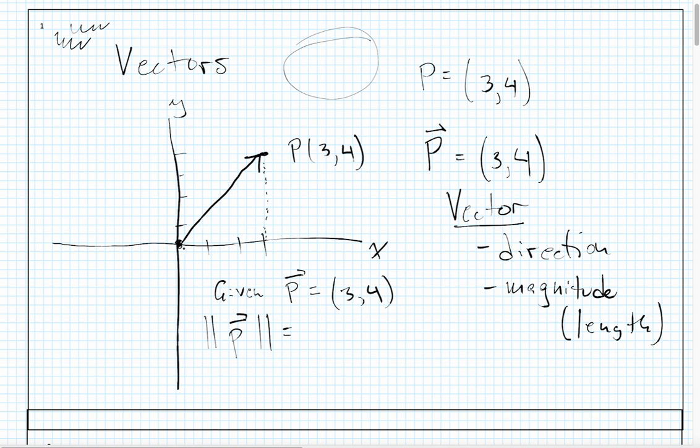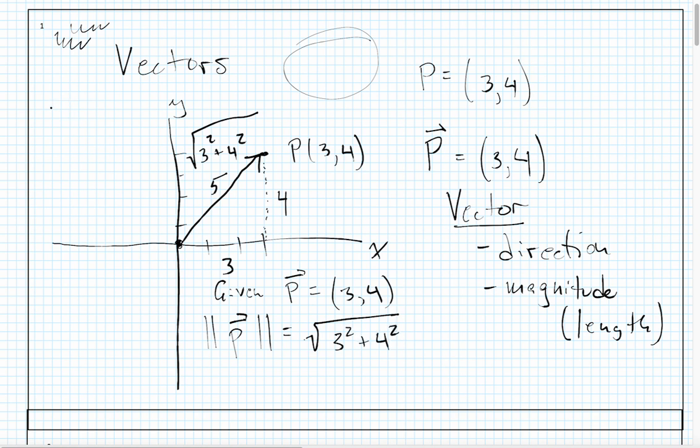So we will note over here that the length here is 3, the length over here is 4, and using Mr. Pythagoras' theorem, we would say that the length of this thing here would be 3 squared plus 4 squared, and we take the square root of that, and of course that turns out to be 5. Okay, so this would equal down here, it would be the square root of 3 squared plus 4 squared.